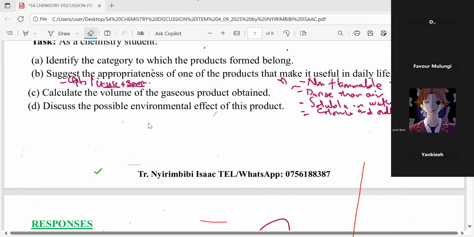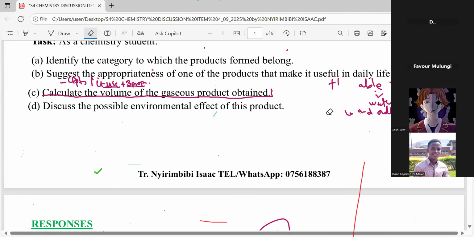Yes, teacher. You take us through that item, part C. Favor, are you seeing the question here? Yes. Make sure you're in a quiet place so that we can hear from one another. Teacher, it's not my background.